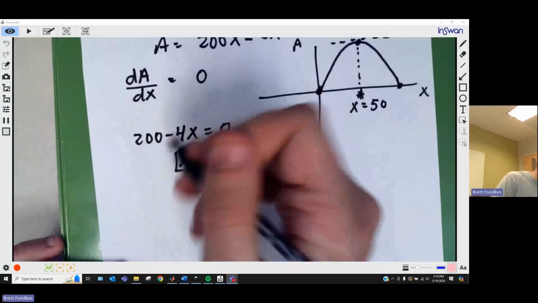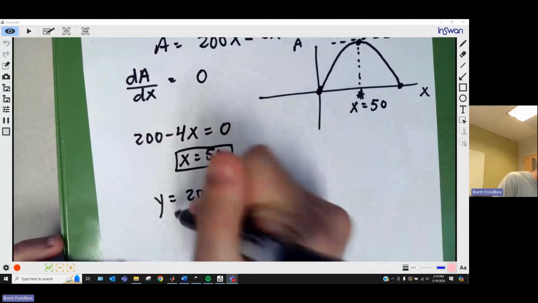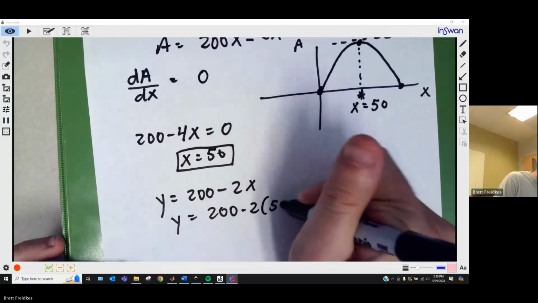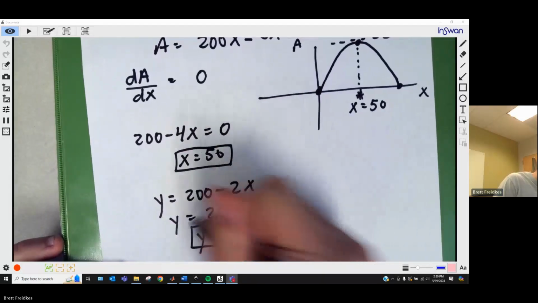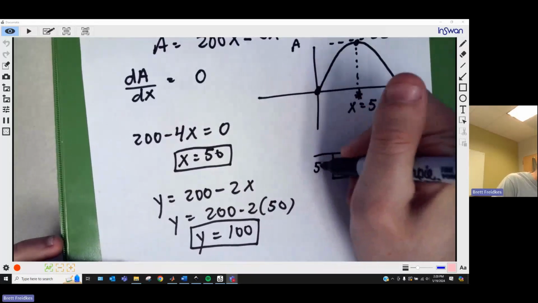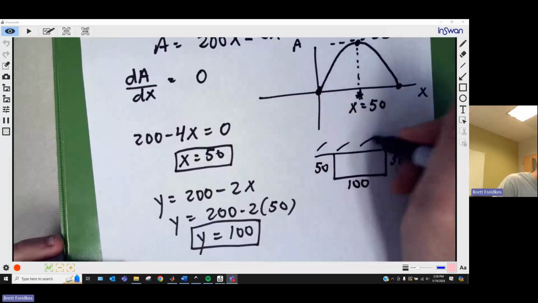Okay, now let's come back and find y. Y is equal to 200 minus 2x. So if we plug in 50, we get that y is equal to 100. So if we were to draw this picture again, we would say that this is 50, this is 100, this is 50.